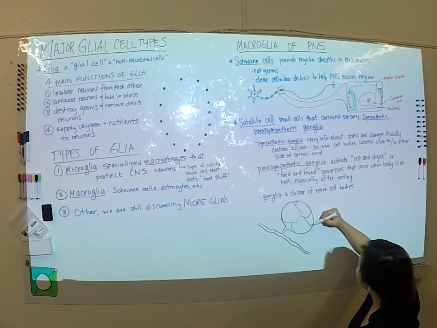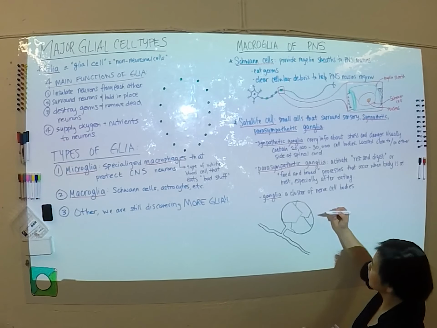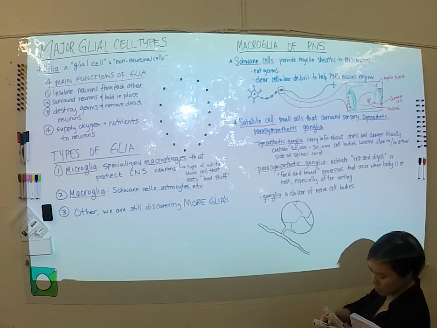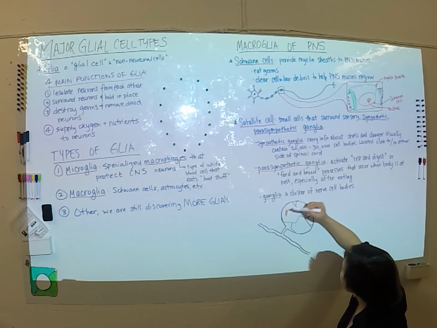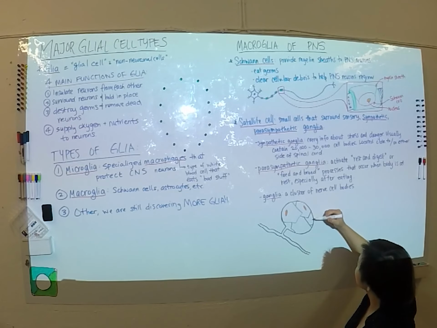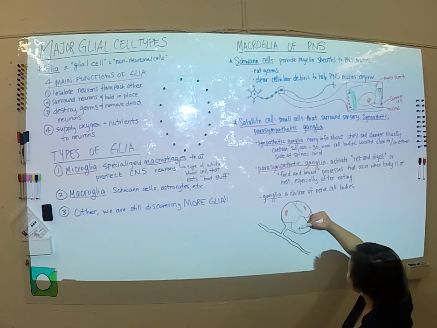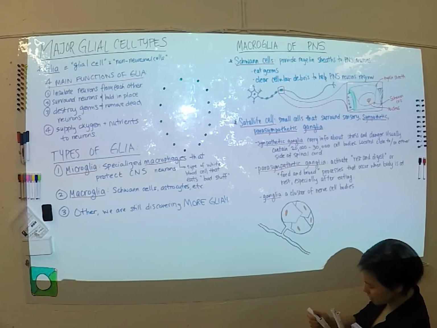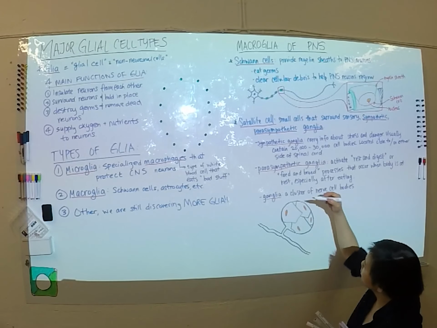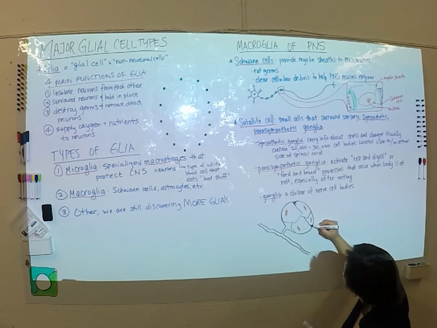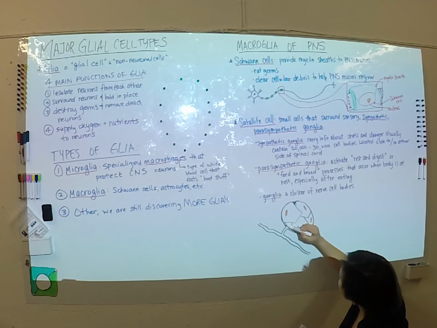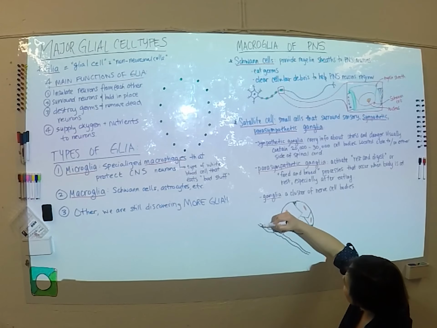Okay, and then maybe another one here. All right, so then we'll draw their nucleuses so that you can see that these are the cells, and underneath is the ganglia, the huge cluster of nerve cell bodies.